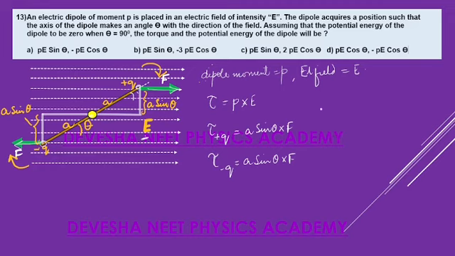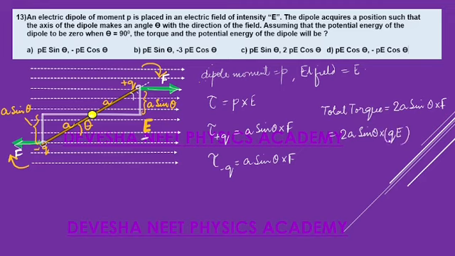So the total torque is equal to, just add these two, 2a sine theta into F. Now what is F? F is equal to Q into E. So this is equal to 2a sine theta into QE.